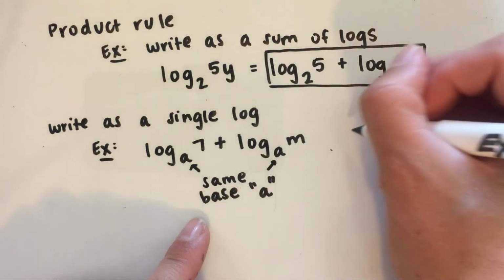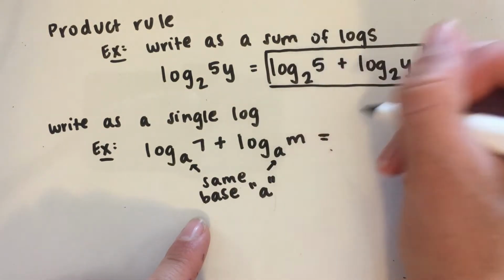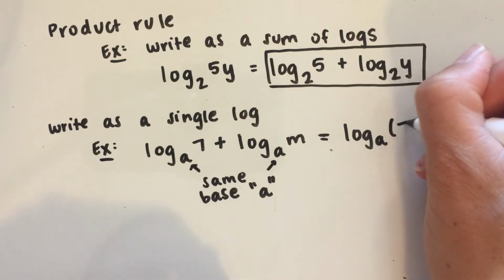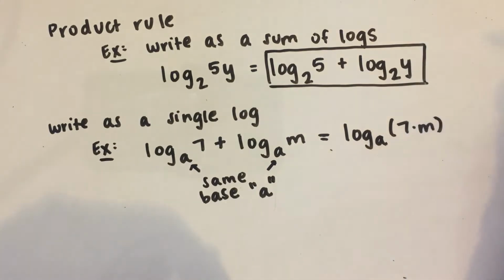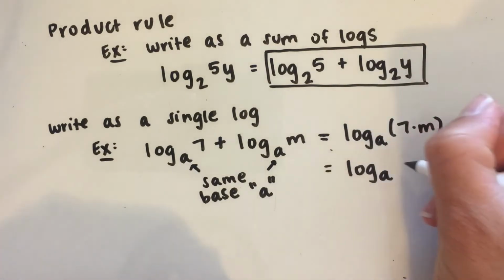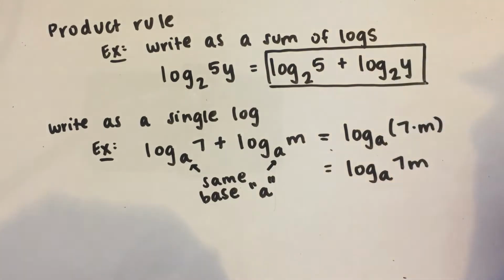And since these two logarithms are being added, we are going to multiply 7 times m. So we have log base a of 7 times m, which is the same as log base a of 7m.